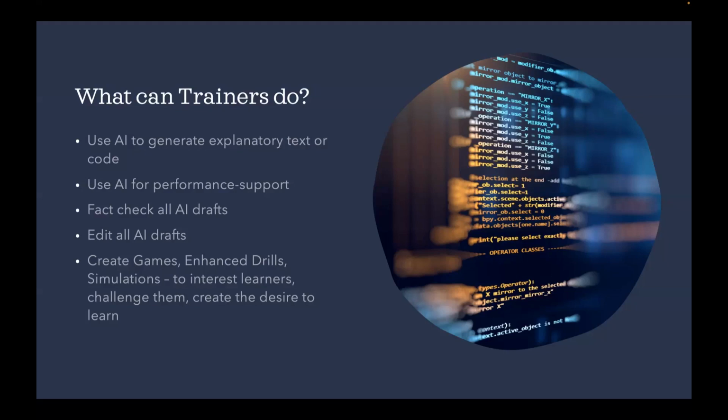Because as you have seen right now, the two main capabilities of AI that most people are using are for generating images and generating explanatory text. And so if we're thinking about our e-learning as primarily generating explanatory text and putting images together with it, AI can already do a lot of that work.